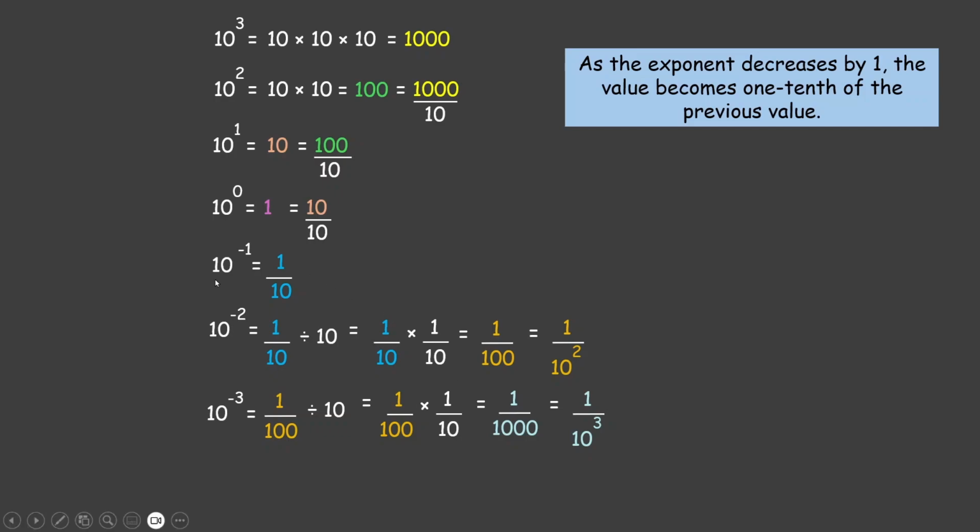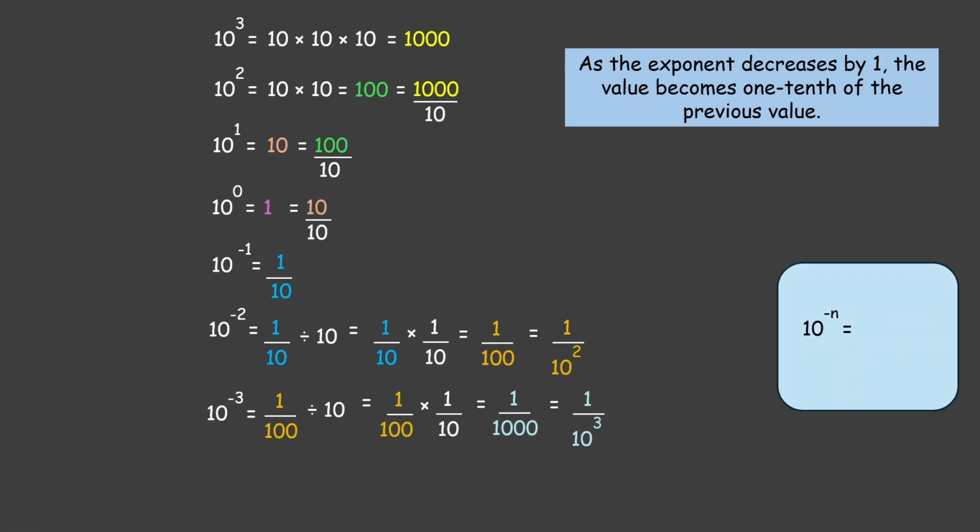Now, if you look at these negative exponents, 10 raised to the power minus 1 is equal to 1 by 10. 10 raised to the power minus 2 is equal to 1 upon 10 raised to the power 2. 10 raised to the power minus 3 is equal to 1 by 10 raised to the power 3. So, what do we observe over here? 10 raised to the power minus n, where n can be any number, is equal to 1 by 10 raised to the power n.